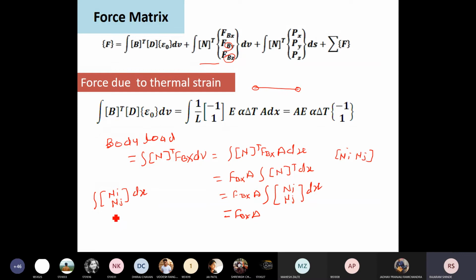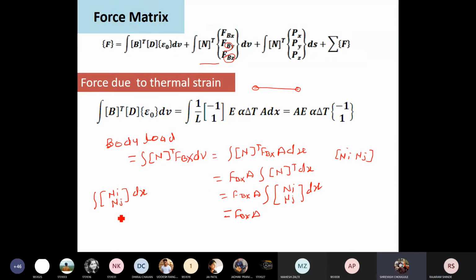Yes, can anyone tell? Rushikesh? Shreyas? Shivraj Shinde? Yes, tell me how to calculate the integration of this.